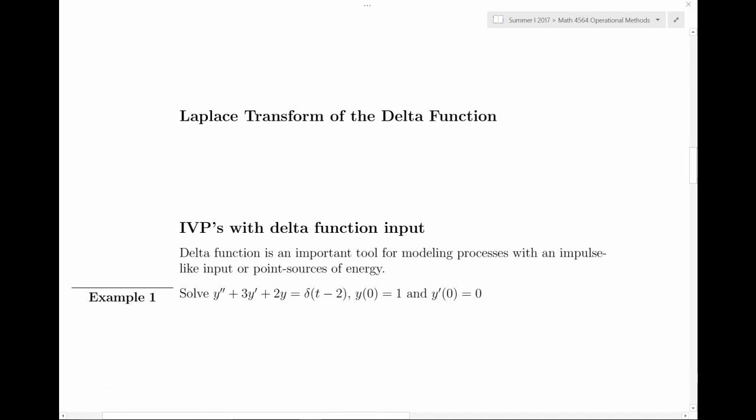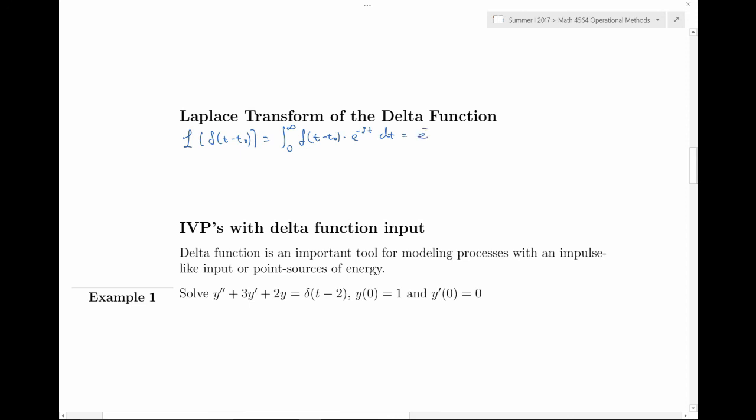So what is the Laplace transform of the delta function? By definition, it's going to be the integral from 0 to infinity of the delta function of t minus t naught times e to the minus st. And the delta function will just evaluate the exponential function at t equals t naught.